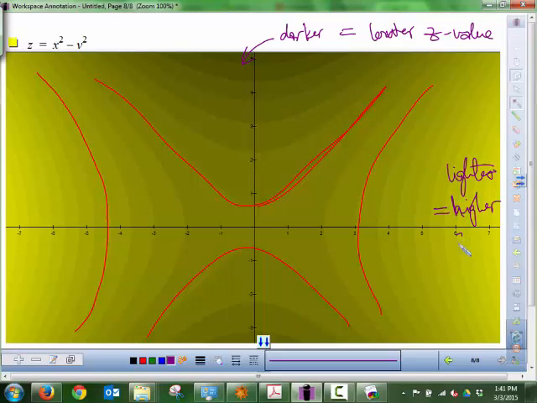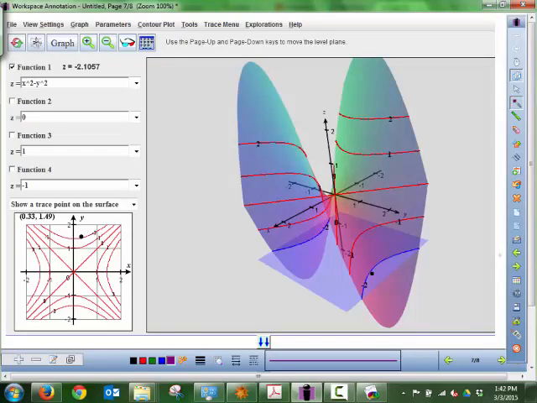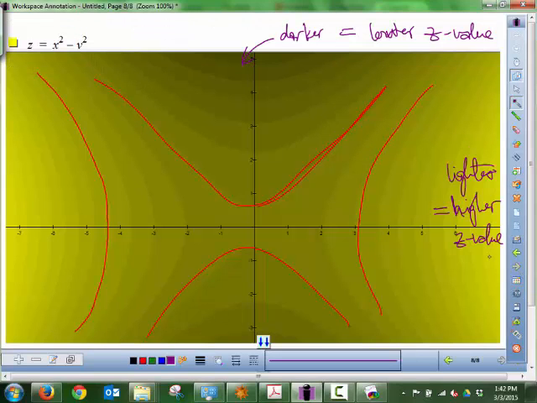Higher z value. So this is called a density plot, and there are computer programs that have density plots so that you can immediately tell, not just by the outlines of the contour plots, but by the heights of the z values, which way things are going. Okay?